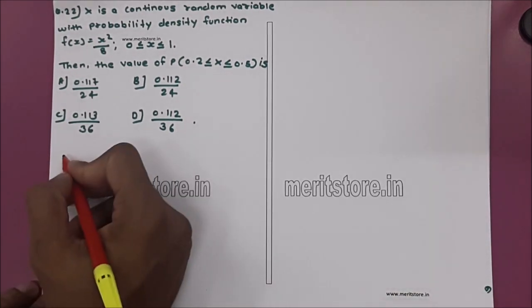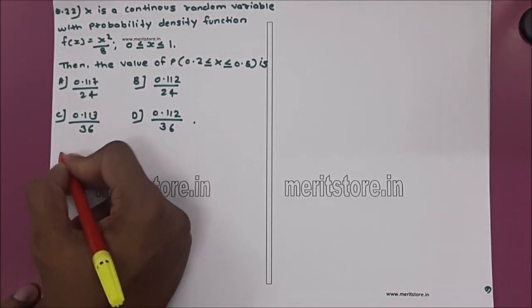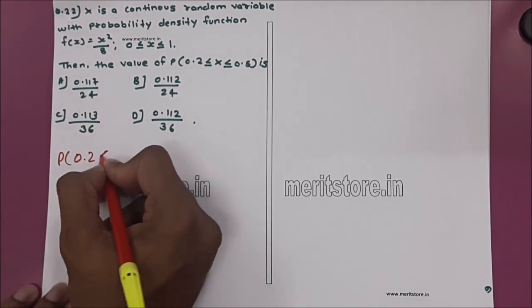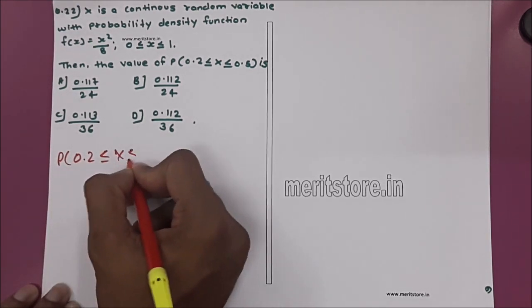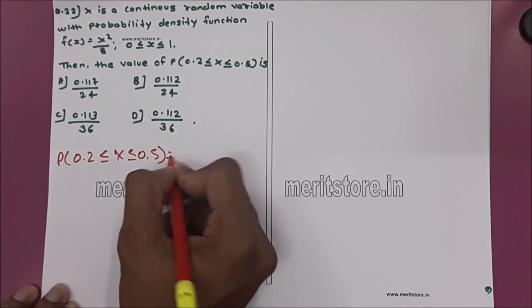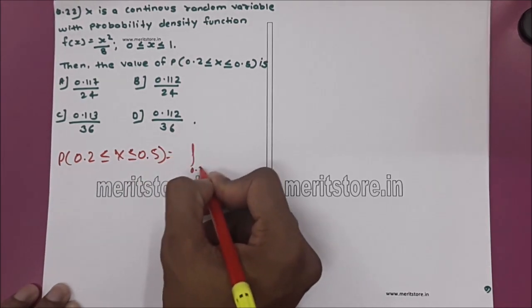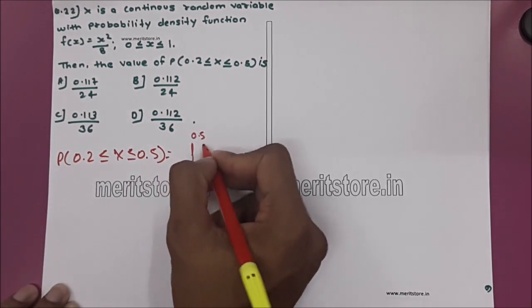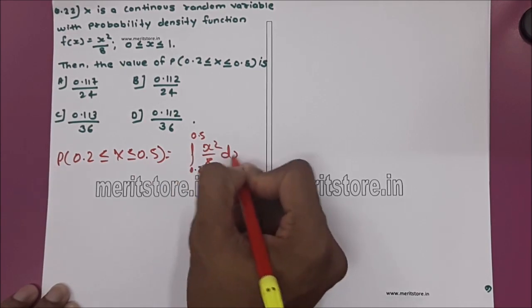So we have the condition, that is p of 0.2 less than or equal to x, which is less than or equal to 0.5. We integrate from 0.2 to 0.5, that is x square upon 8 dx.